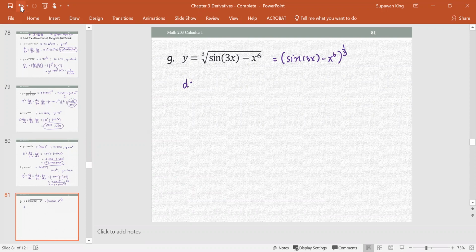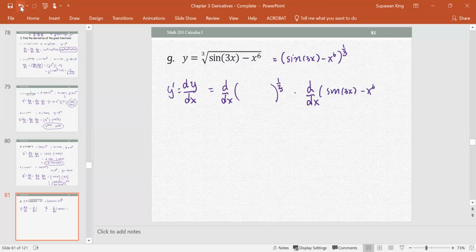So the derivative, dy by dx, or y prime, is the derivative of the outer function, which is the power 1/3, multiplied by the derivative of the inner function, which is sine of 3x minus x to the 6th.